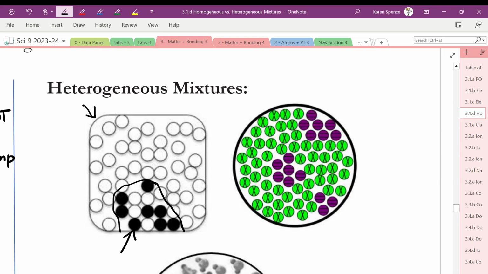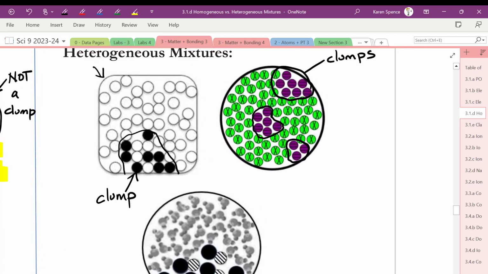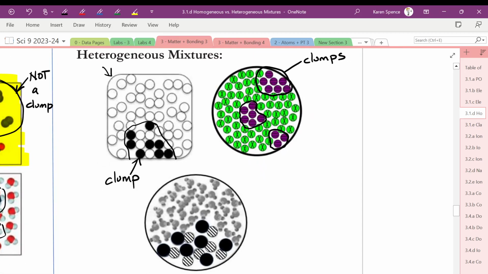That is a clump of black little particles in amongst the white ones. And over here we have purple clumps. And down here we can see we have this one area.